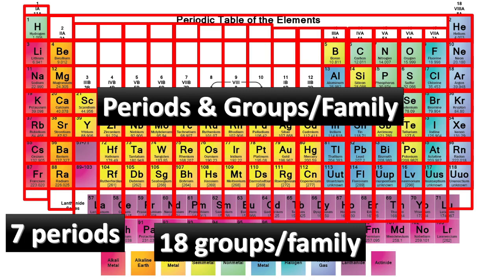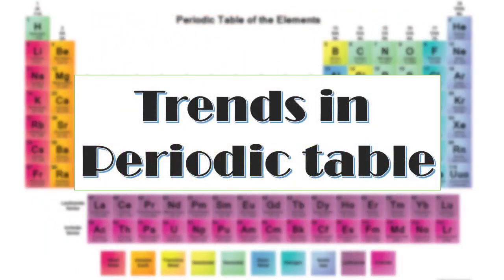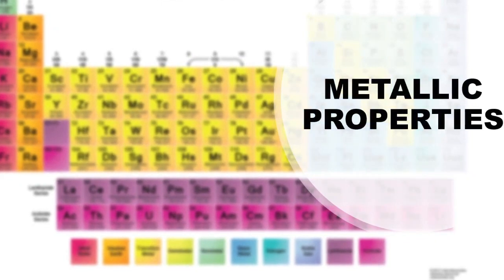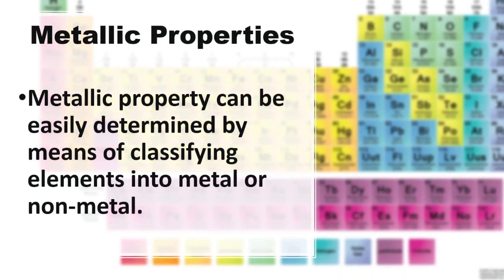Alright, let us now discuss the first trend in the periodic table. And this is the metallic properties. Metallic properties can be easily determined by means of classifying elements into metal or non-metal.